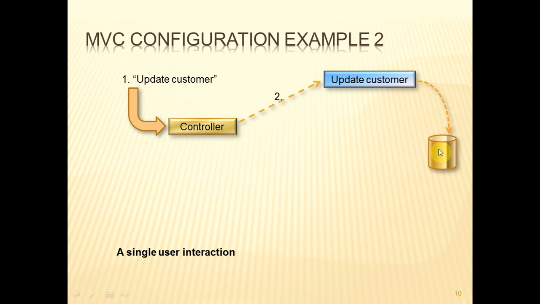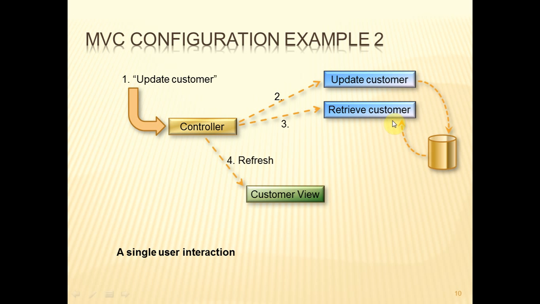Then the controller will activate the retrieve customer component. This is a model component that will then extract from the database that information that has just been written to it. Then the controller can cause the customer view to refresh, that will get the information that has been retrieved here and then output it.